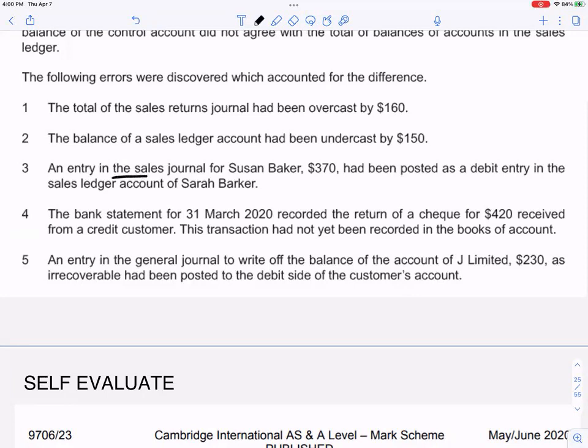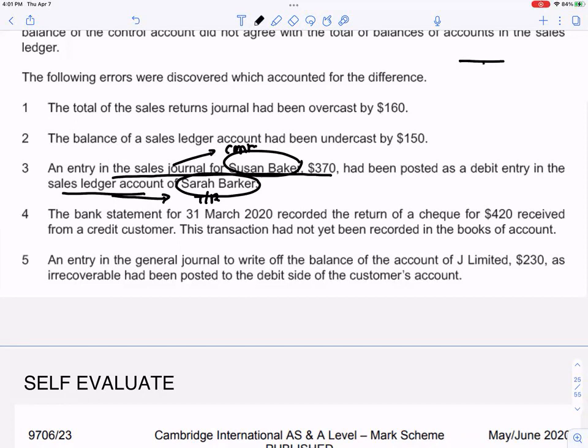The entry that you put in the sales journal was Susan Baker, and the entry that you put in the sales ledger was Sarah Baker. The sales journal makes the control account and the sales ledger makes the trade receivable account.